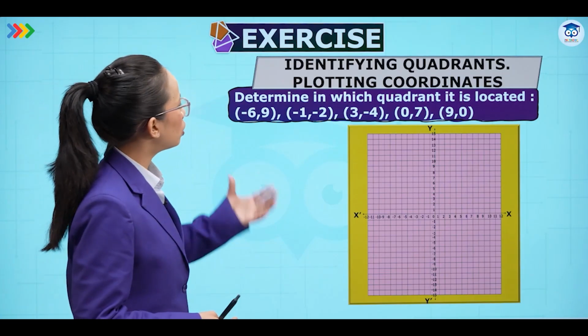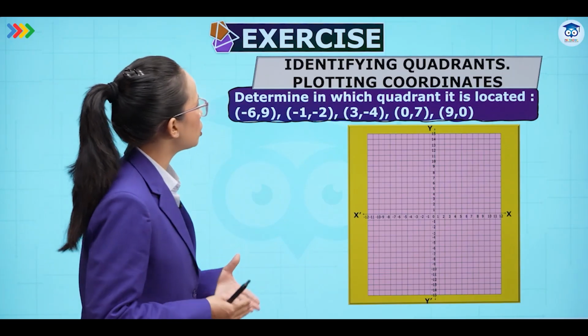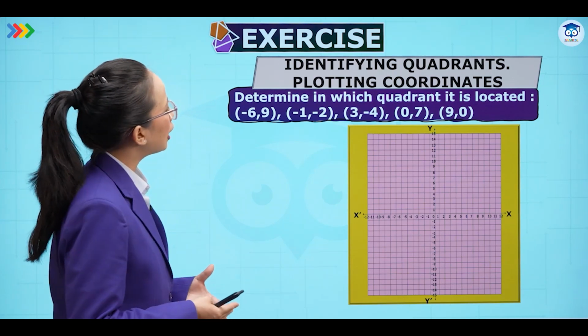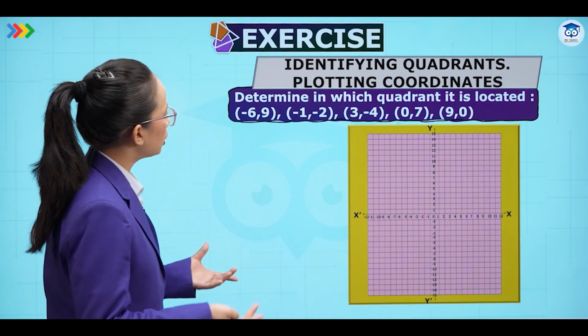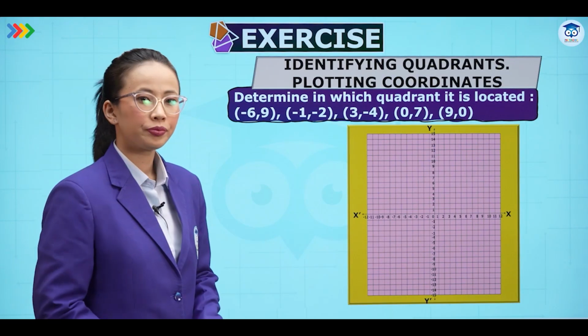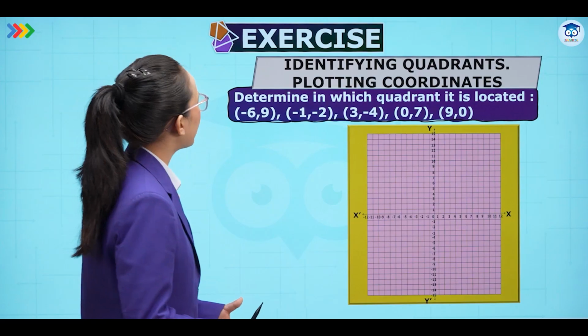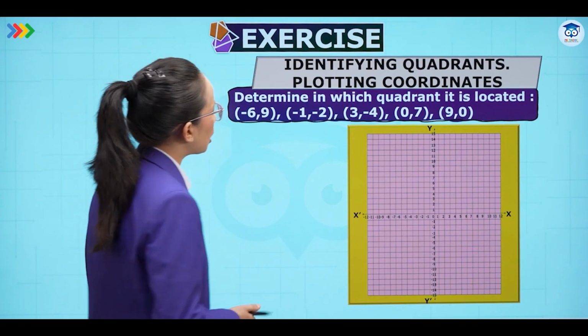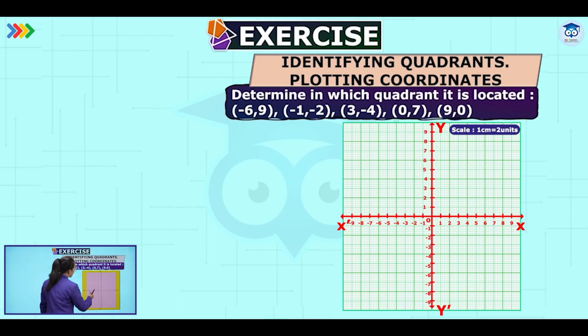So now, using this knowledge, let's plot a few points. Identify the quadrants by plotting the points, right? The first point is minus 6 comma 9. So we will move 6 steps here, so minus 6 is there and then 9 will go up.